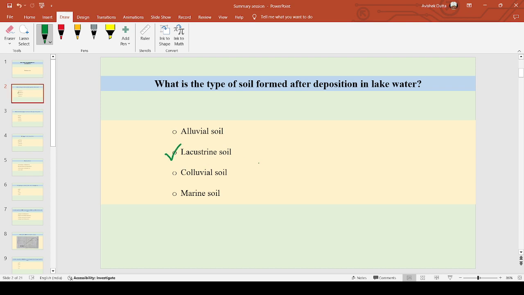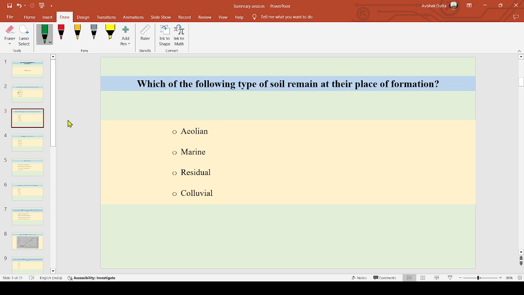Colluvial soil is formed by the action of gravity or gravitational forces, and marine soil, as the name suggests, is formed by the action of seawater. So yes, the soil formed after deposition in lake water is termed lacustrine soil. I hope the answer was clear. Go to the next question.